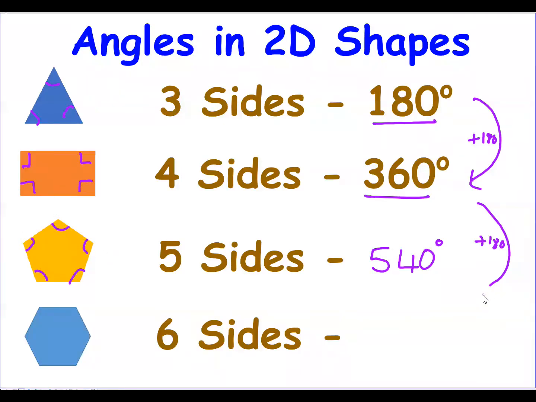And for our six-sided shape, the interior angles will add up to 720 degrees. So it doesn't matter how many sides the shape has, we now have a process for working out what the interior angles all add up to.